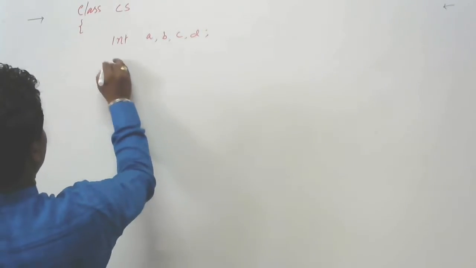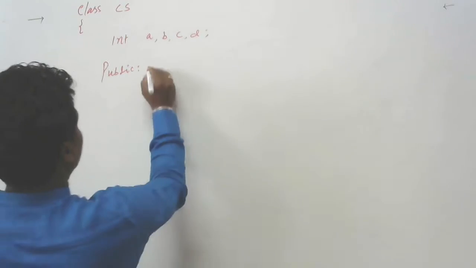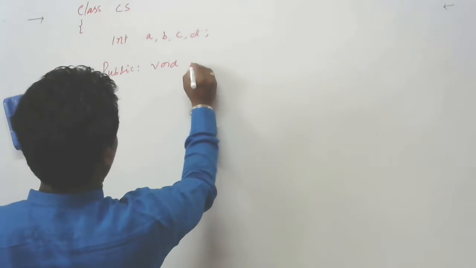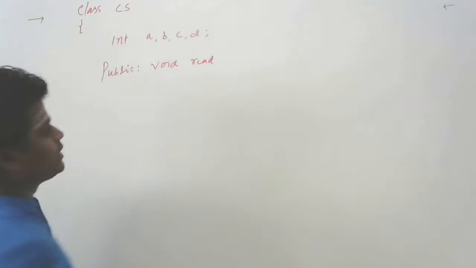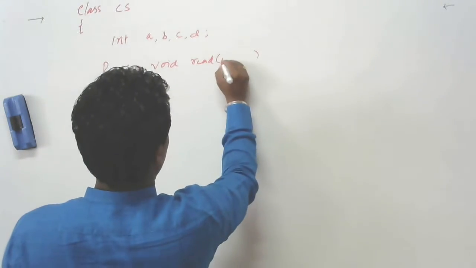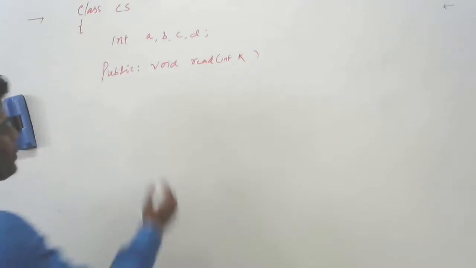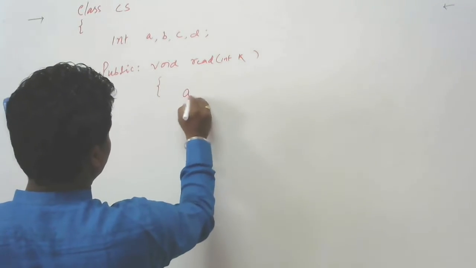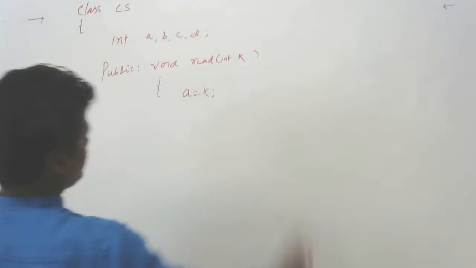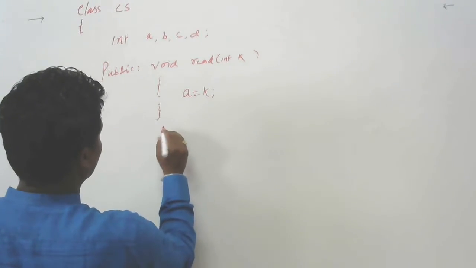With the member function, this is the normal example I am giving to you all. Public, the function name I will take is void read. Here I will declare one argument called int K. Open the flower bracket: A equals K. Then I will close.